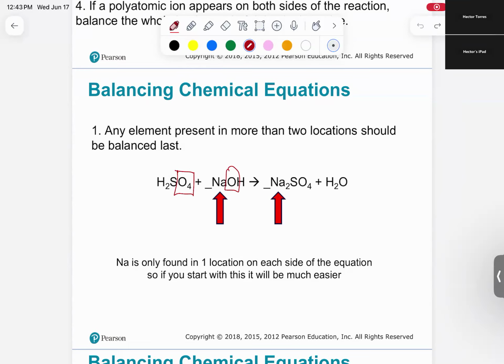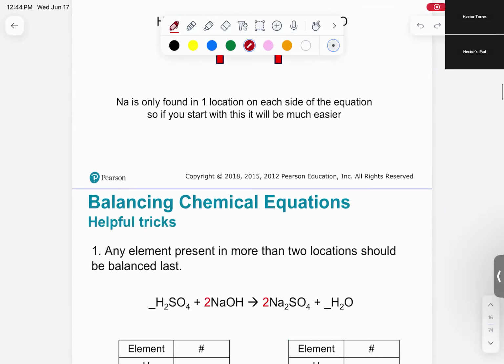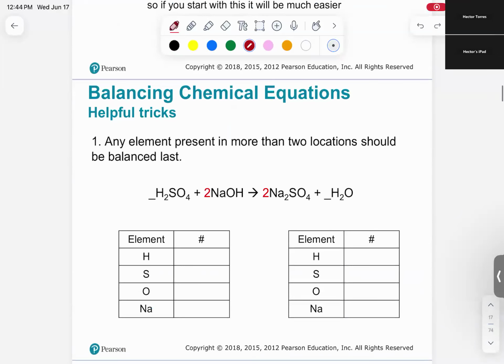Those are probably going to be the ones that we do last. Na is in one location on each side, so that one's going to be a great one to start with. Or sulfur as well. Those are going to be the two that would be easiest to start with. But again, this is a suggestion. You don't have to. So let's start with those.